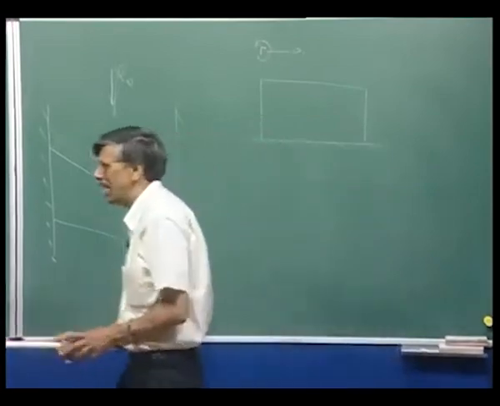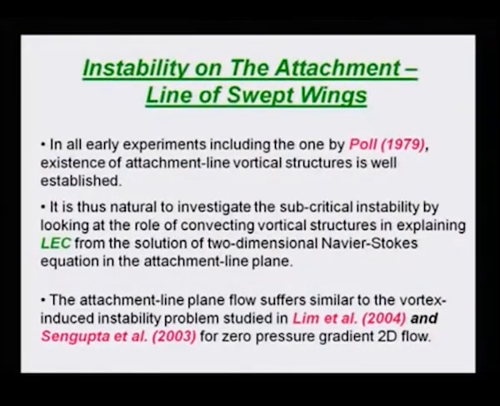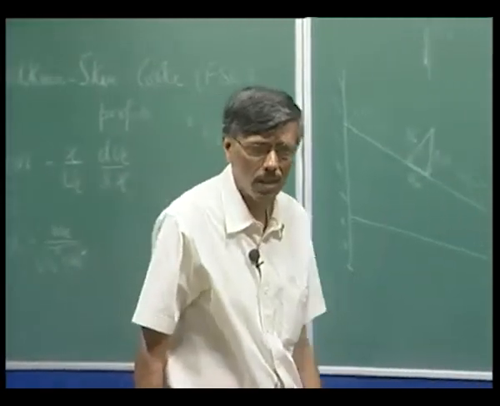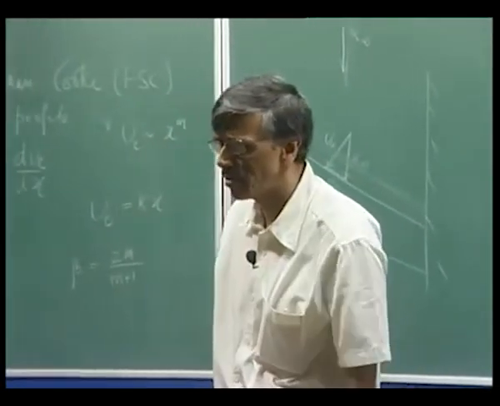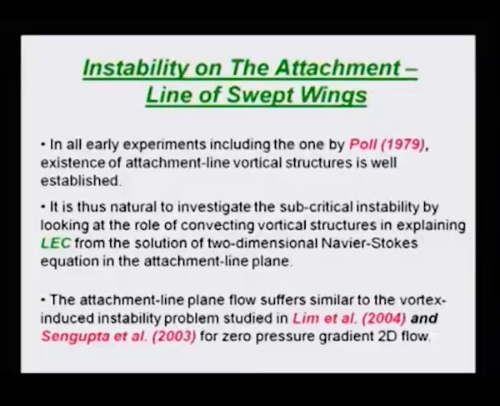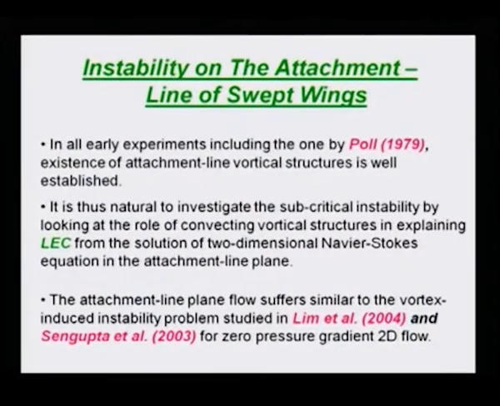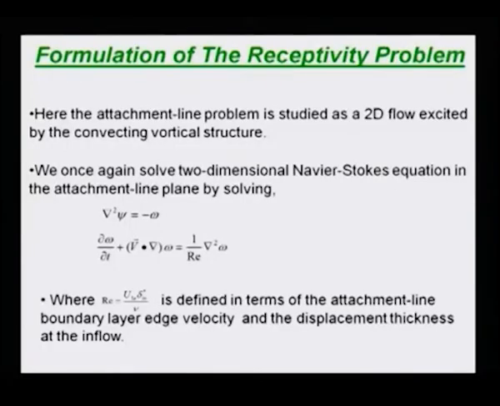That is what the experimental observations of Poll, Pfenninger, Arnold have reported, the existence of convecting vortices in the attachment line plane. So, we follow the same thing that we have talked about just now. In fact, we are discussing this attachment line instability as an example of that vortex induced instability. So, that is the whole idea.